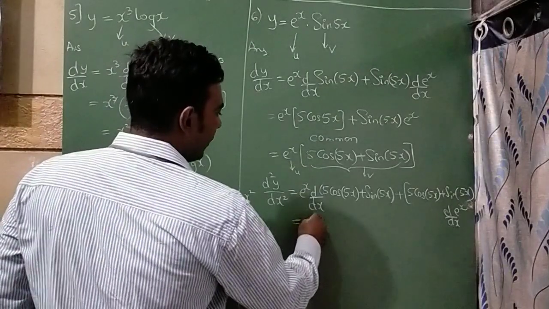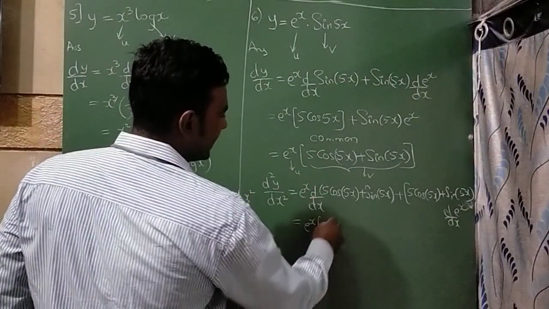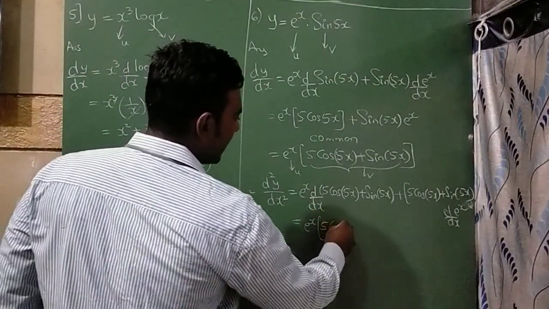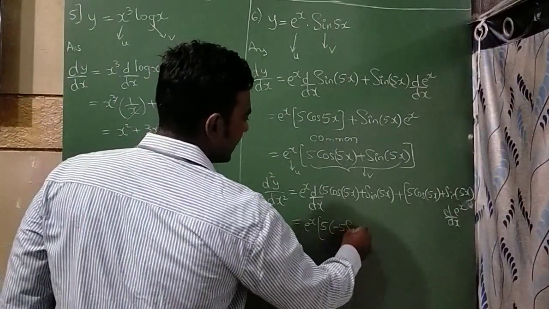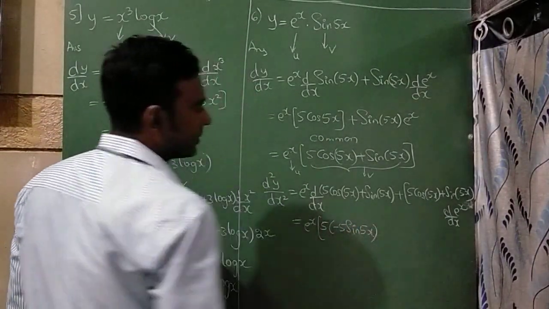Okay, now e raised to x, now write 5 as it is, d by dx of cos 5x is minus 5 sin 5x.